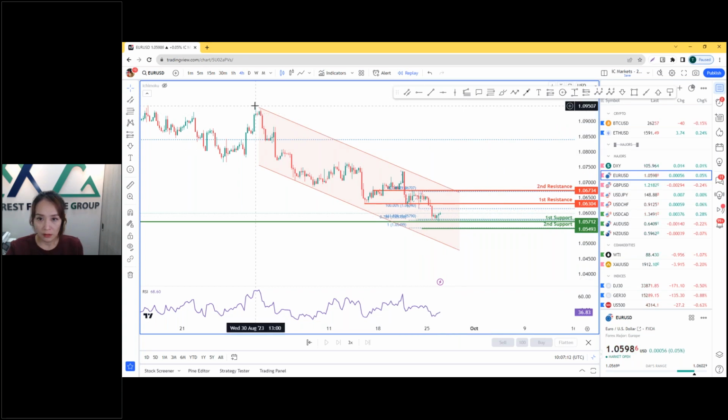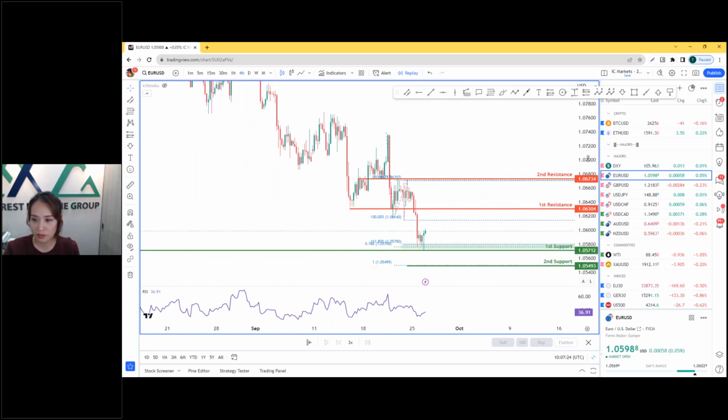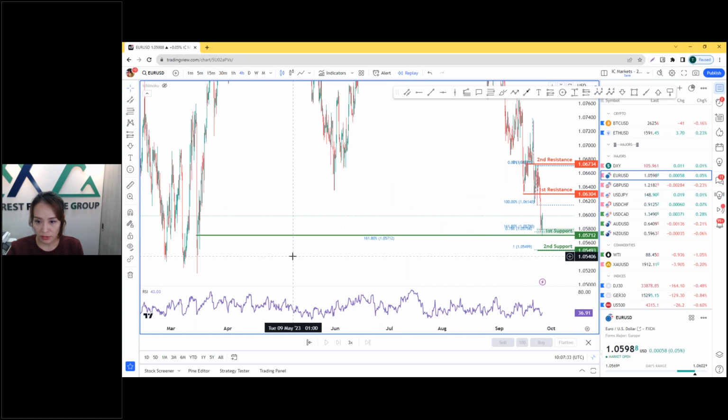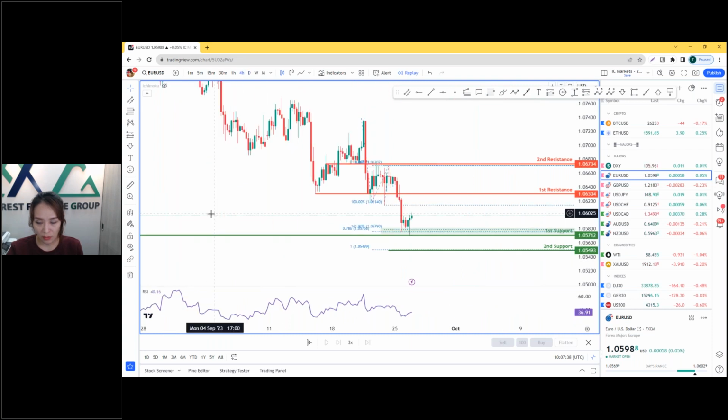Okay, the momentum is still in a downtrend. But what we can see here is that I already drew support and resistance. Price came to hit my first support and it bounced off from here because I drew my support from the daily time frame, which is all the way here.